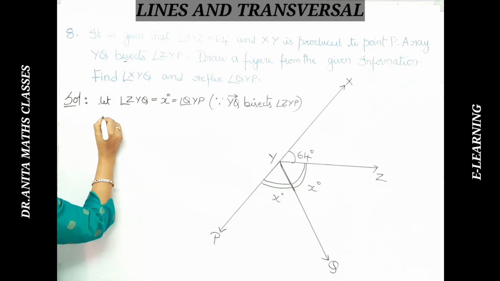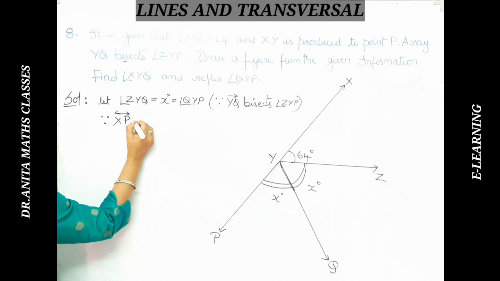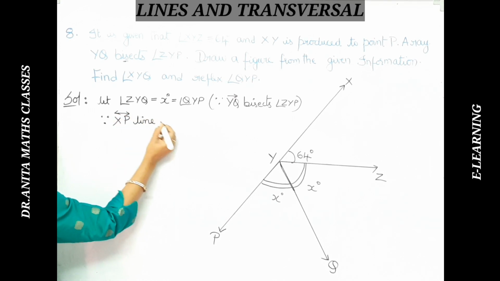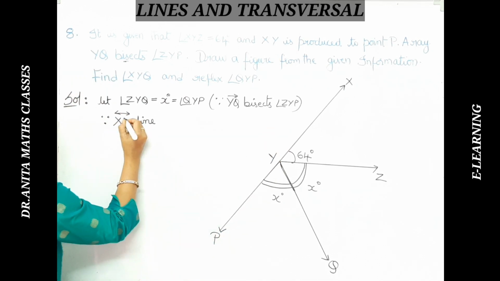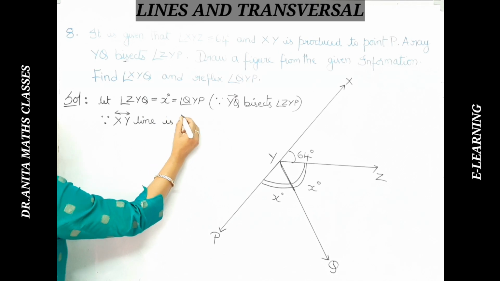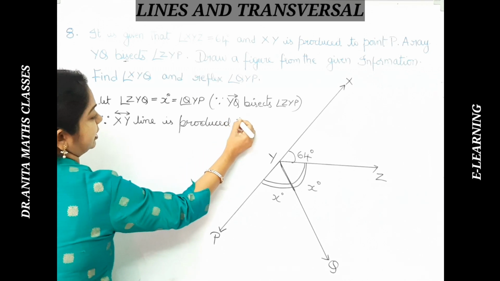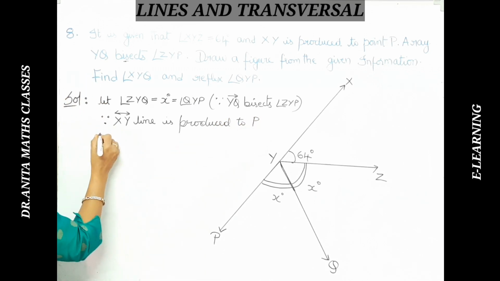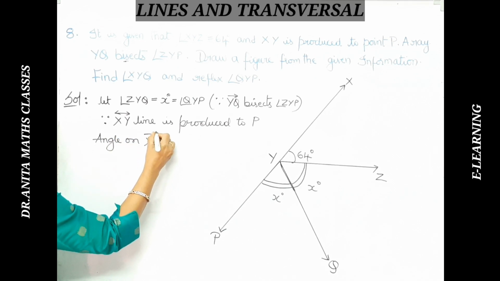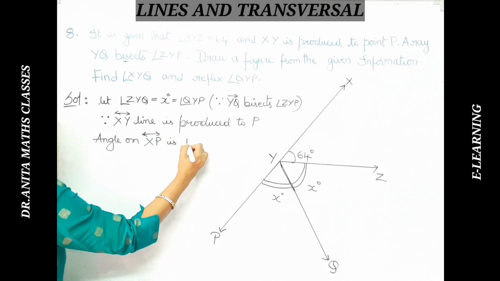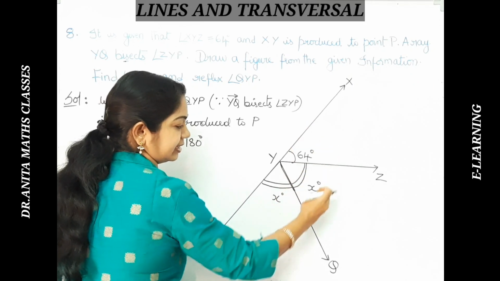So since XY line is produced to P, here angle on XY is 180 degrees, because angle on a straight line is 180 degrees, isn't it? This complete angle is 180 degrees.